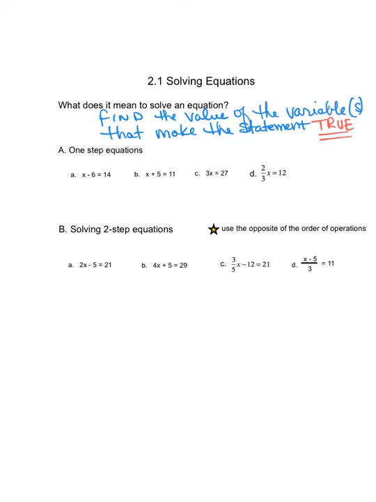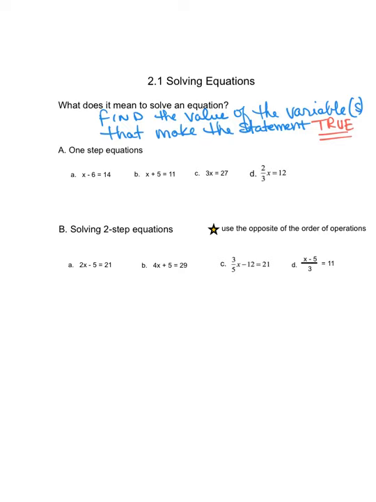when you are solving an equation, you can change the equation as long as whatever you do to one side of the equal sign, you do to the other side of the equal sign, it stays balanced. So it doesn't change the value of the equation.